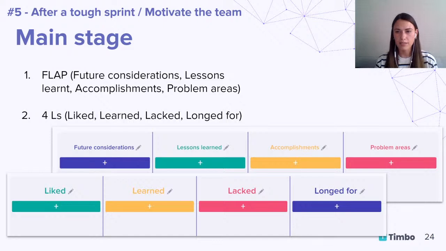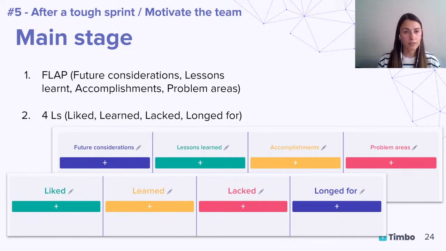And at the same time, you have accomplishments, some positive things you should be looking at, and you have future considerations and problem areas. This is very high level for the team to give their ideas of what needs improving in the future.